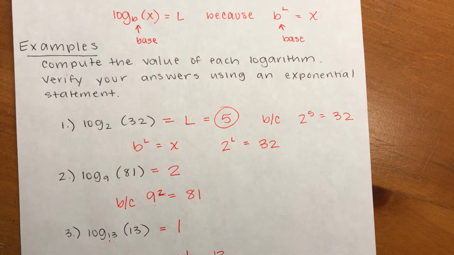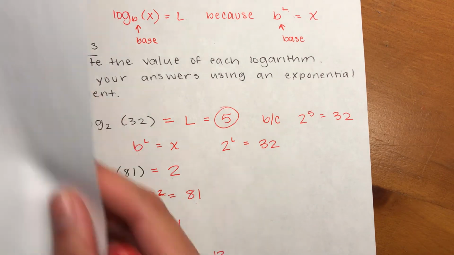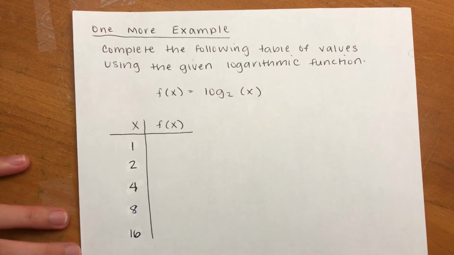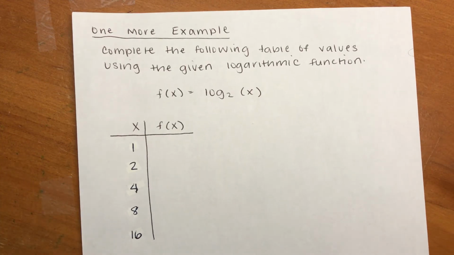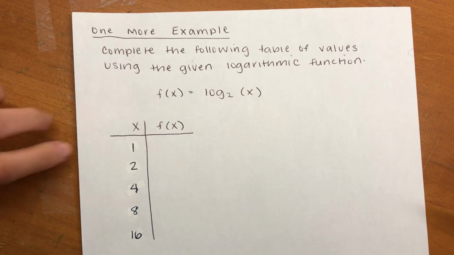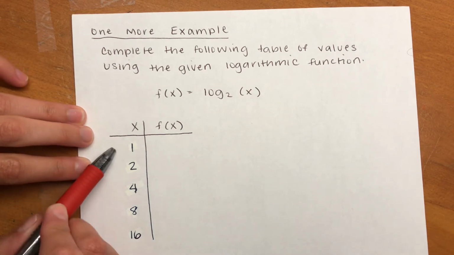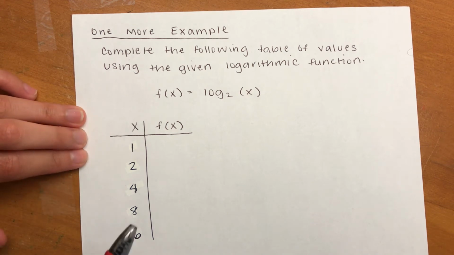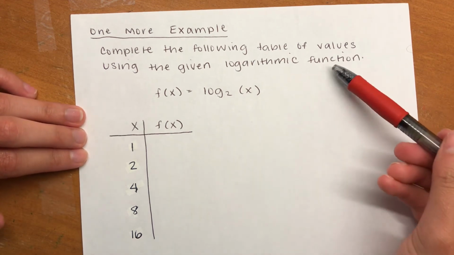All right, one more example. This example says, complete the following table of values using the given logarithmic function. So my logarithmic function is f of x equals log base 2 of x. In my table, I have a list of x values, and the directions say to complete the table using the function.